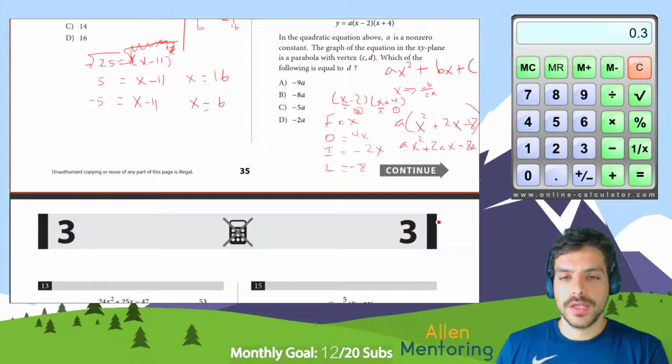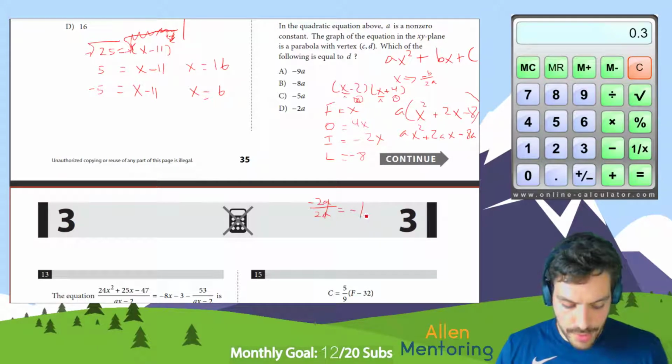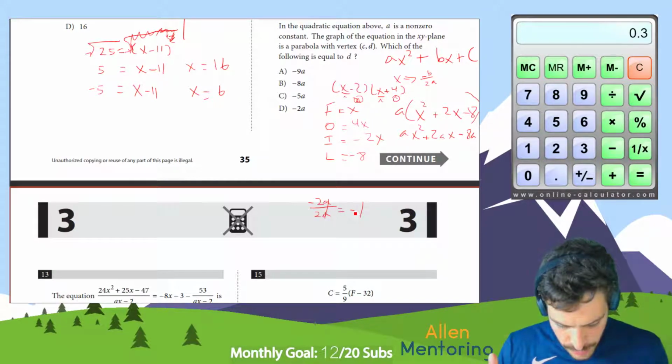So we're going to do negative 2a over 2a. Following me, right? Negative b over 2a. And so a over a cancels out, and negative 2 divided by 2 is equal to negative 1. All right, so far so good.